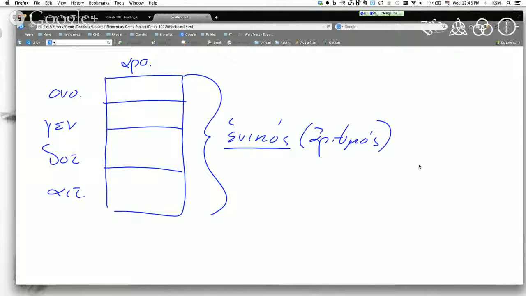Okay, so it's a definite article. We're going to put the definite articles. So what definite article would we put in each one of these places? Tou. Toi. Ton.